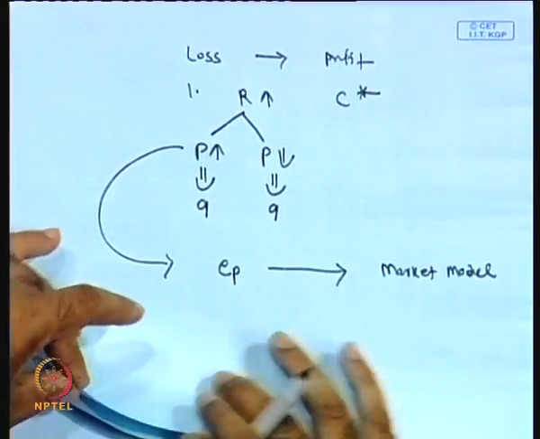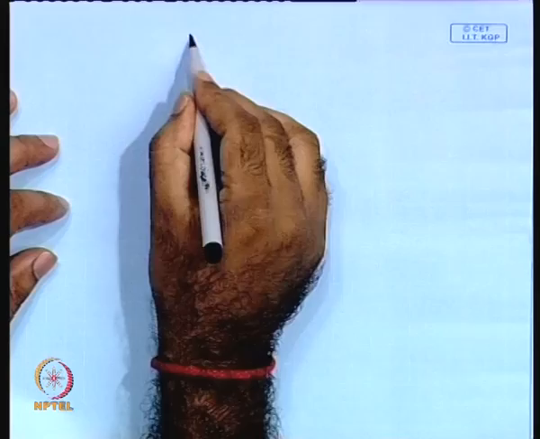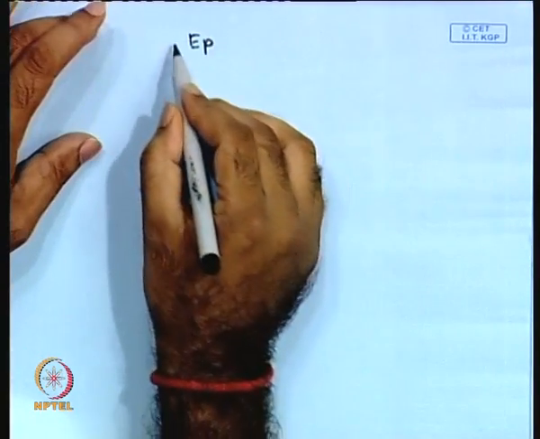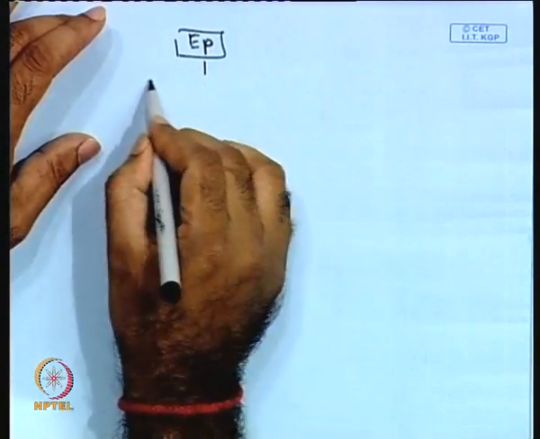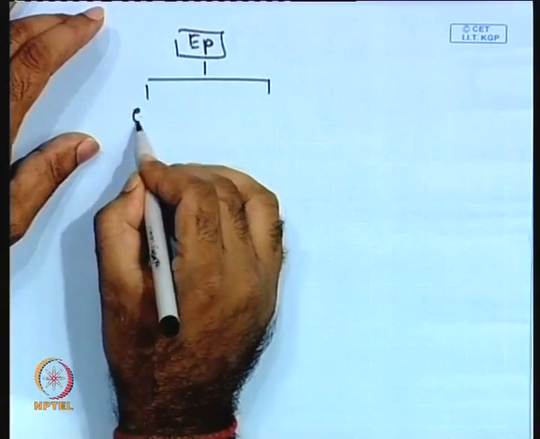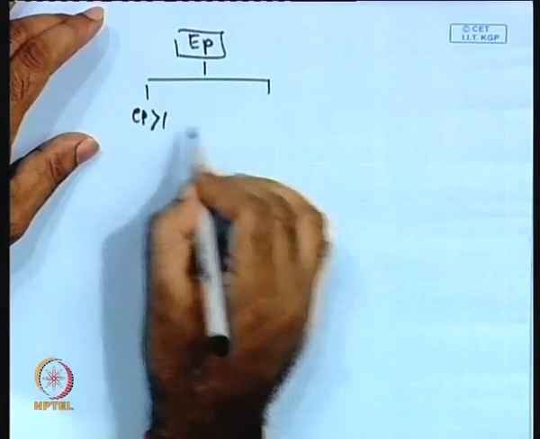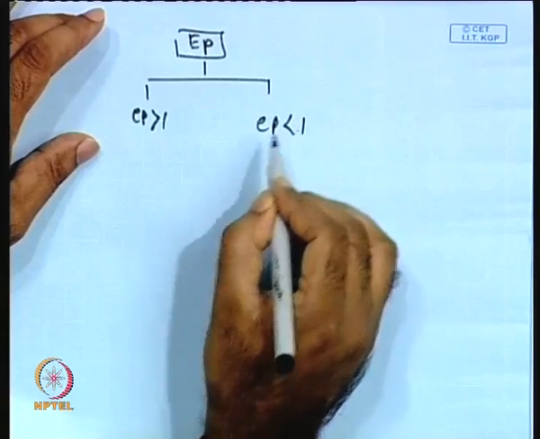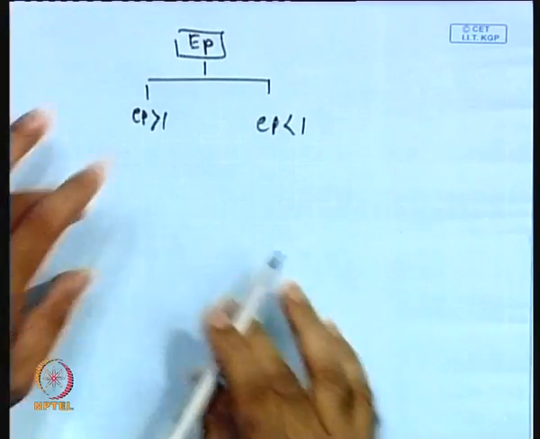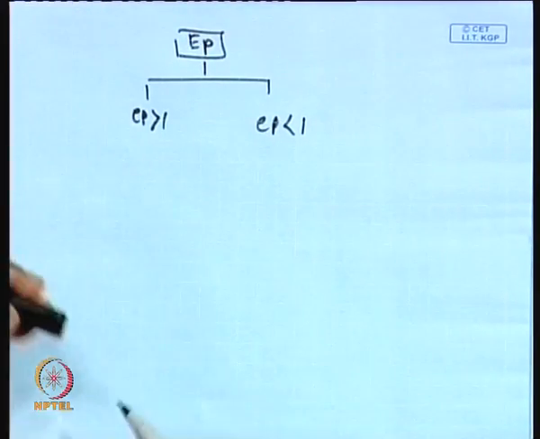Let me explain price elasticity. Price elasticity basically depends upon two things, EP greater than 1 and EP less than 1. Before I explain this concept, let me highlight one thing here. What is all about price elasticity?